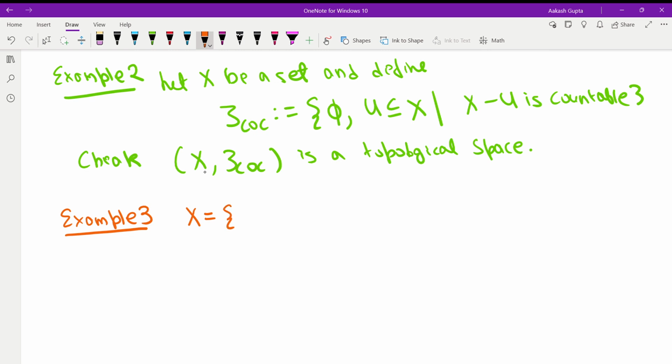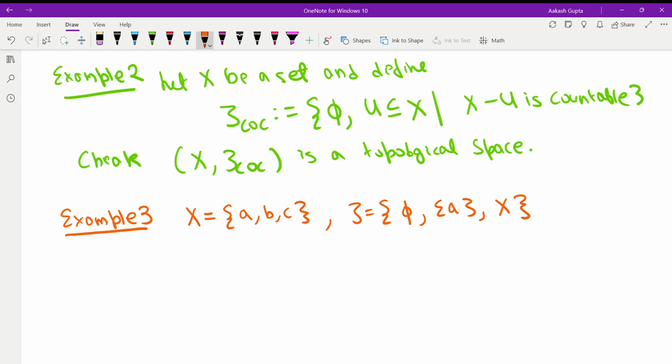So your X is, say, a 3-element set, and tau is the empty set, yes, the empty set and singleton A, and say the whole space.